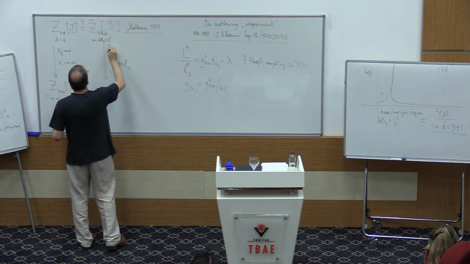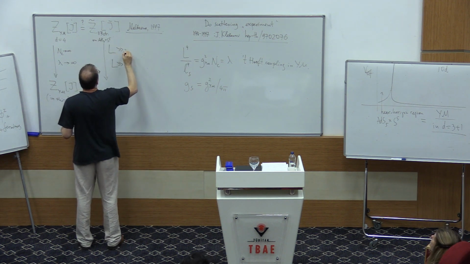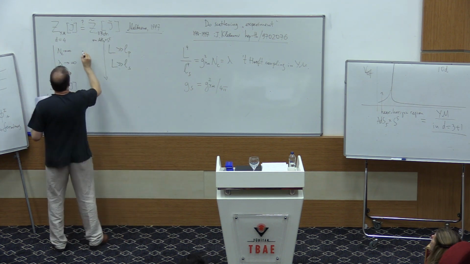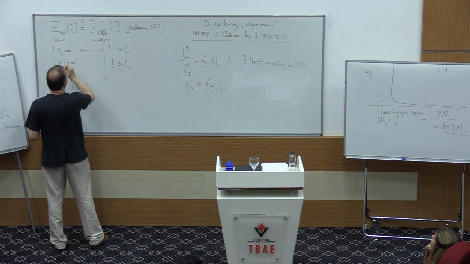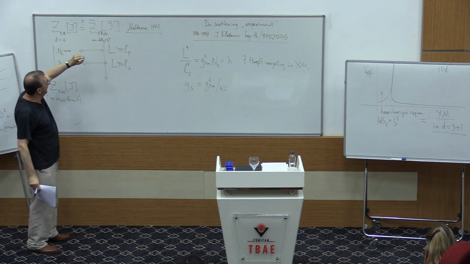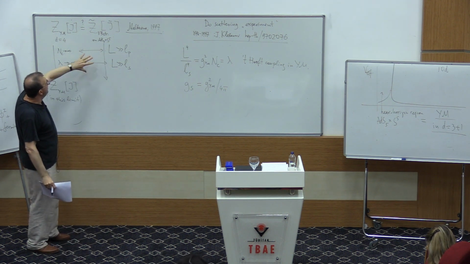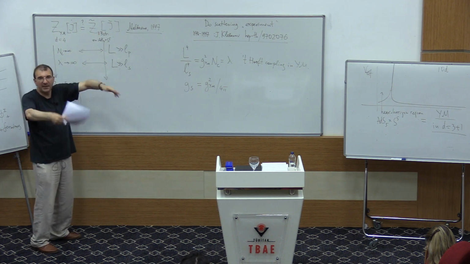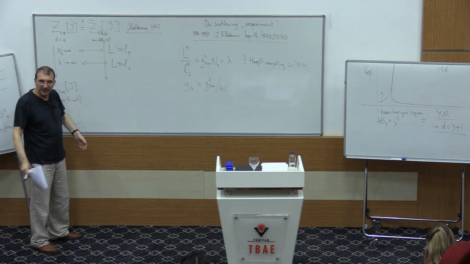You can also compare this L to the Planck length, and this corresponds to taking very large N_c. So what do these inequalities mean? They mean that you are taking the semi-classical limit of your closed string theory.